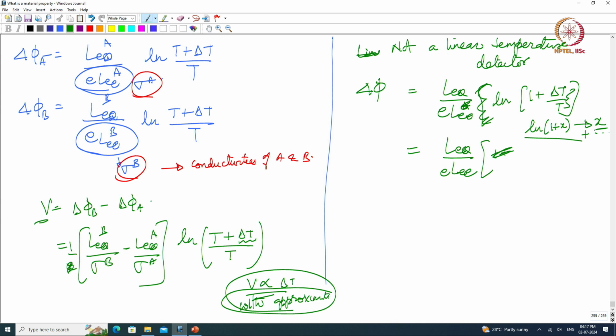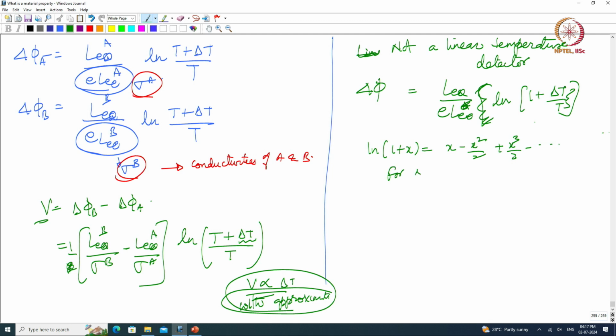Actually, for small x, the expansion of ln(1 + x) is x minus x squared by 2 plus x cubed by 3 minus and so on, and for small x that reduces to just x. So delta phi then is L_EQ by L_EE times delta T by T.